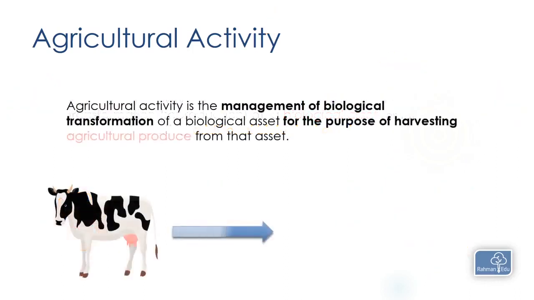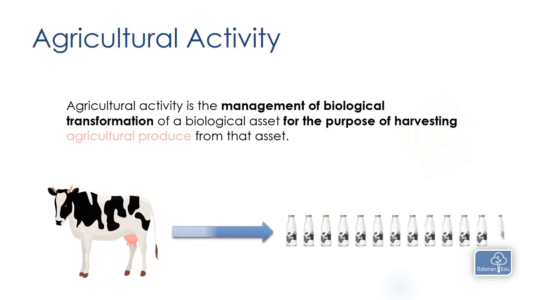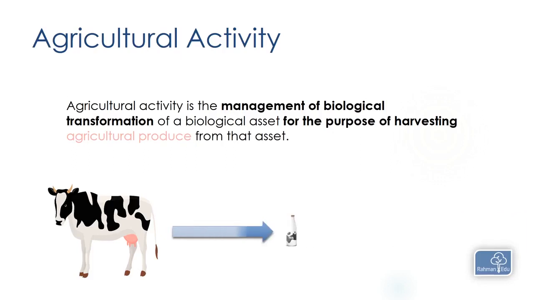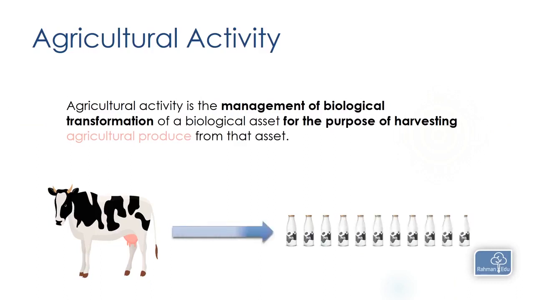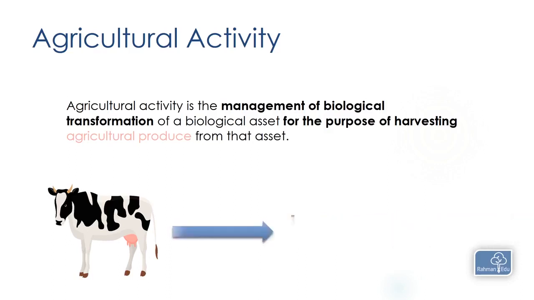Or for the purpose of harvesting agricultural produce from that asset. So, agricultural activity is the management of biological transformation of a biological asset for the purpose of sale, for the purpose of creating additional assets, or for the purpose of harvesting agricultural produce from that asset.